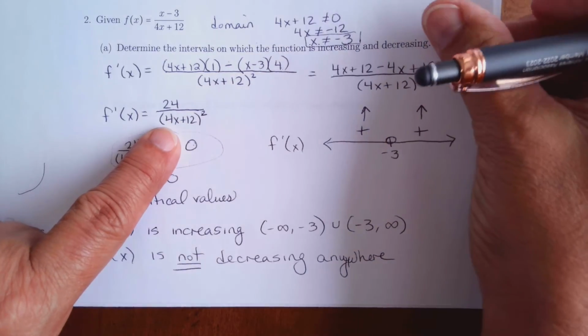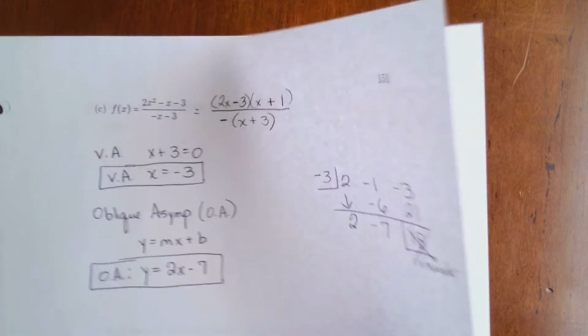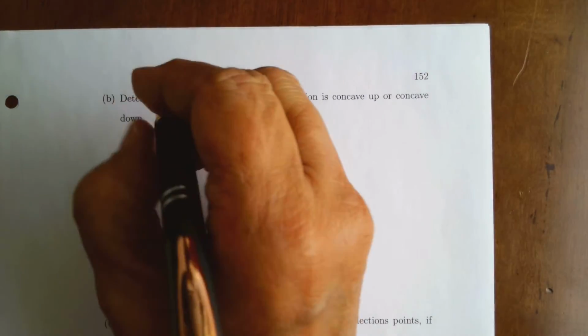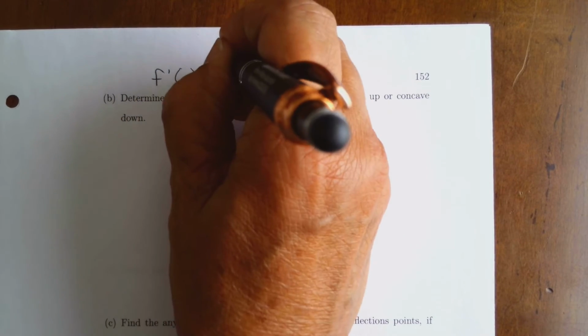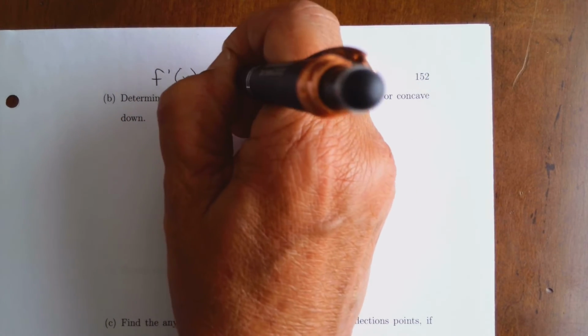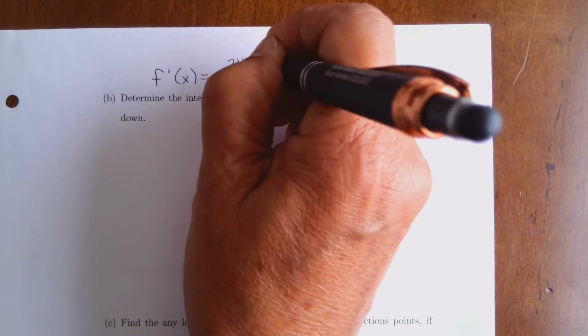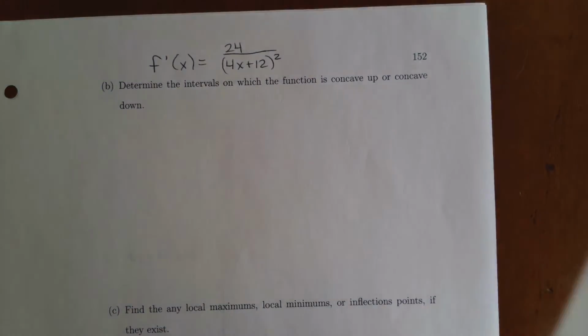Remember your first derivative; we need that because we have to take the second derivative. So I'm going to write that down on the next page for our concavity. The first derivative was 24 over (4x plus 12) squared, and then we have to take the second derivative.